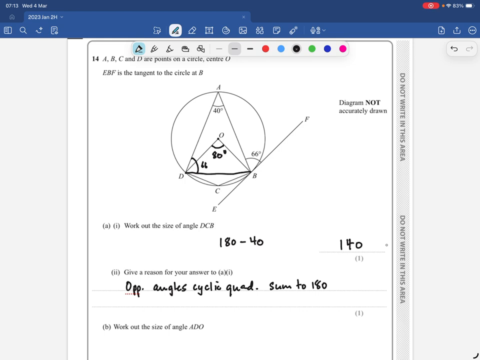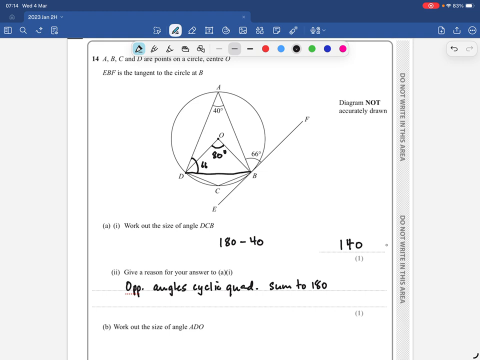And that allows me to do some sums here because I've got a triangle, the triangle ODB, and I know that it's isosceles because it's got two radii there. Each of the two short sides are radii of the circle.